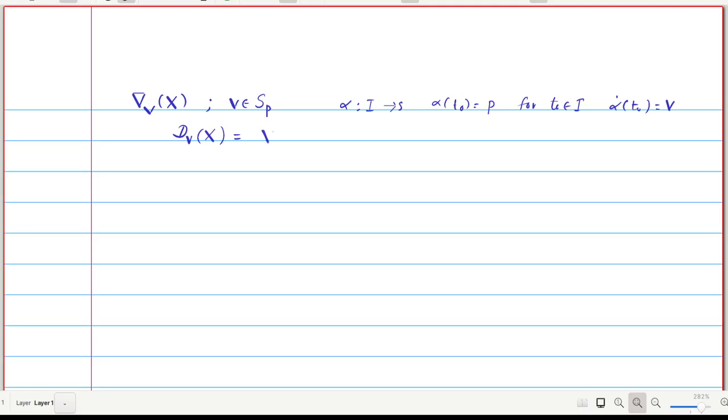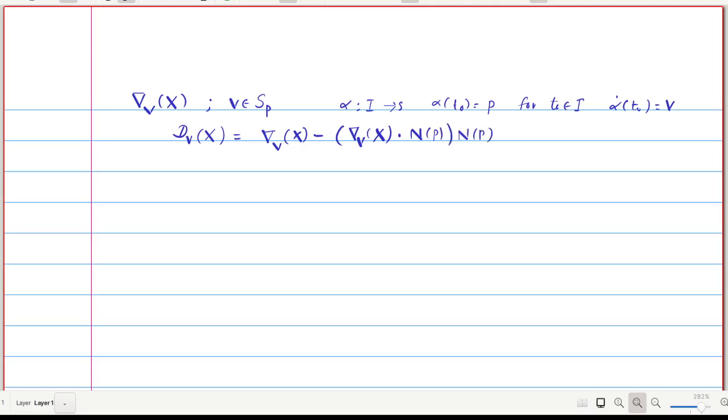Consider the derivative del v x and remove its normal component: del v x minus the dot product of del v x with n of p, times n of p.